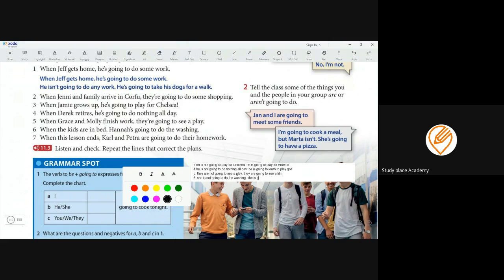She's going to sit down and have a glass of wine. That's what she's going to do. And last, number seven, when this lesson ends, Carl and Petra are going to do their homework. They are not going to do their homework.